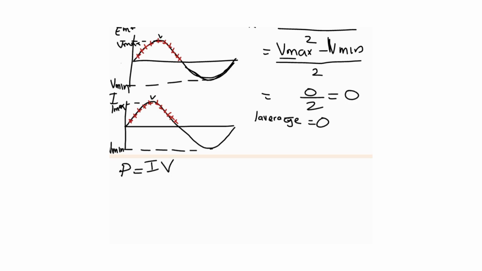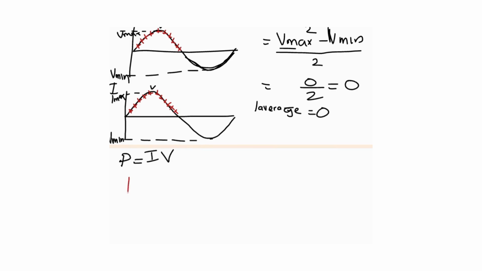So if I multiply the voltage Vmax, or voltage, with the current, it's going to be everything in that section multiplied by everything in that section. And because they're both positive, I'm going to end up with power that is positive. So because it's positive, it's just going to be on the positive x-axis.